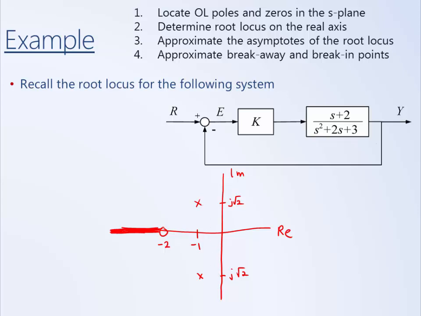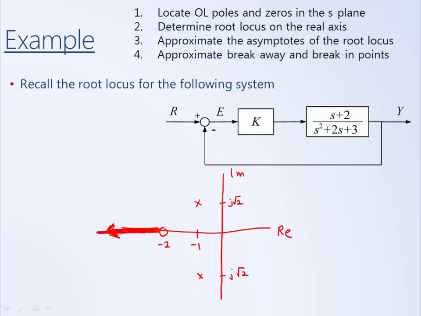So one of the branches starting at an open loop pole is going to go to a zero at infinity, which is also called an asymptote. And if you recall, we have an asymptote that goes to the left along the real axis. So that's our asymptote. So as k becomes large, one of our poles is going to move out in that direction.